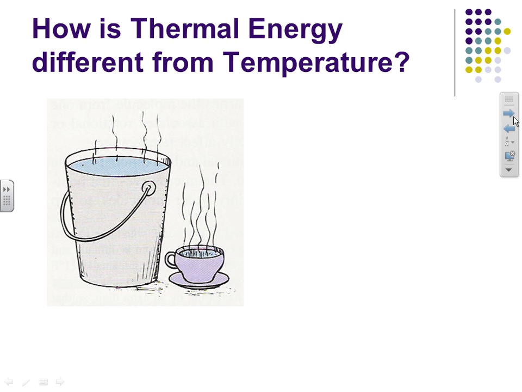It says that on your outline, right? What does that mean? If they have the same temperature, that means their particles have equal energy, so from a movement standpoint, the particles in the bucket move as fast as the particles in the cup, and the particles in the cup move as fast as those in the bucket.